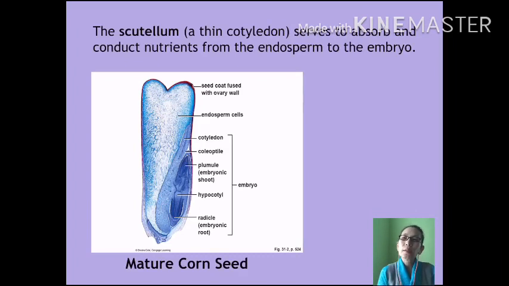And the shoot meristems and the root meristems are protected by the protective sheath known as coleoptile and coleorhiza in the monocots, which are absent in the dicot seed. So, with this I come to the end of today's presentation on double fertilization and embryogenesis, and I hope I have made sense to you.